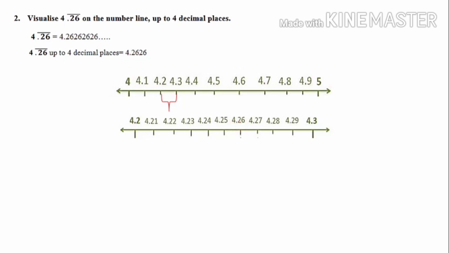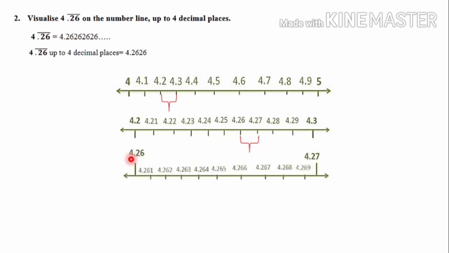So our number 4.2626 must be in between 4.26 and 4.27. So in the next line we have to represent 4.26 and 4.27 at the beginning and end. 4.26 we have marked in the beginning, and 4.27 we have marked at the last.